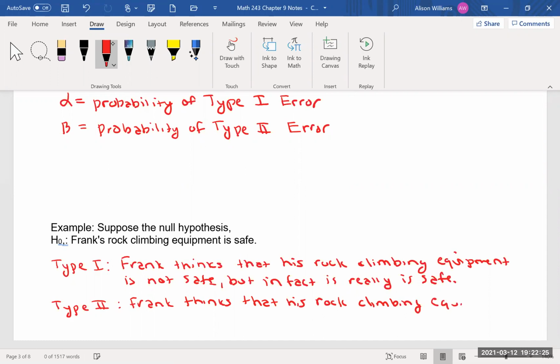Now you gotta love that the book picked this example when I was just trying to emphasize that the worst error is type 1, but this makes it sound like it's type 2. Oh, sorry, it is not safe.